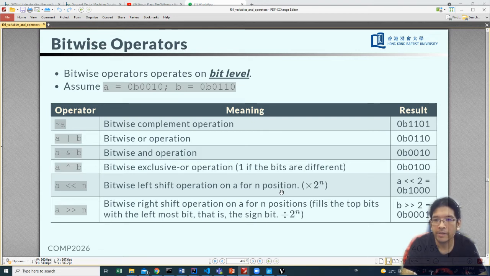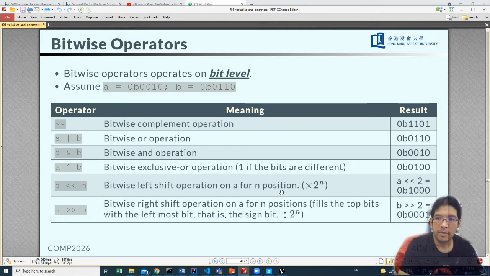We can definitely say A equals 2 and B equals 6, that will be exactly the same, but for illustration purposes we express them in binary format so it is easier to understand these operators. Also we assume A and B are bytes, so there are 8 bits in these values A and B, but we only show 4.